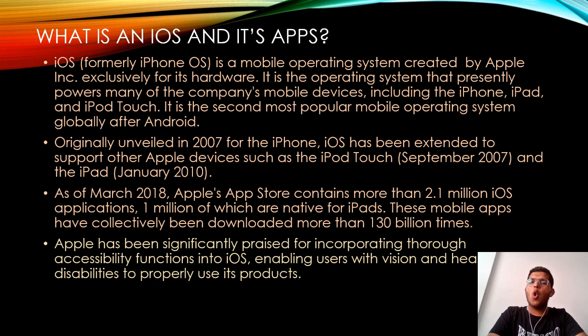It's the second most popular operating system globally after Android. It was first incorporated in iPhone, then it shifted to iPod Touch in September of 2007, and then to iPad in December or January of 2010.